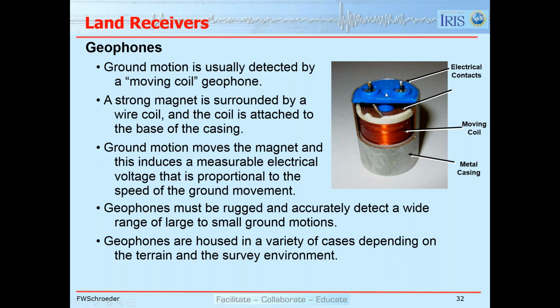That is how we collected the land data up until maybe 10 or 15 years ago. Now we have other types of receivers for land. They're called MEMS, and they do not involve magnets and coils.